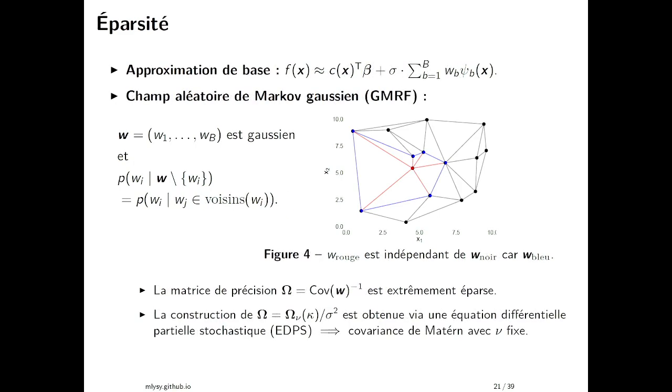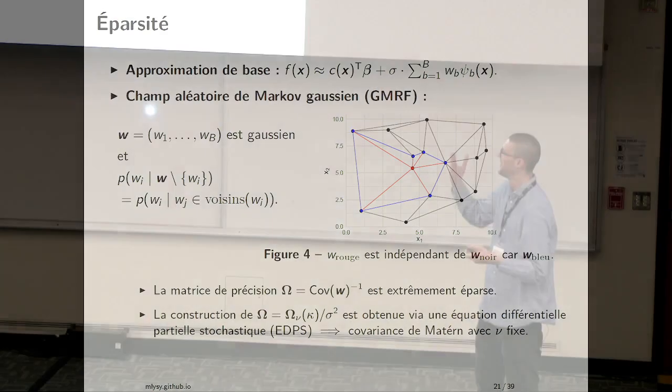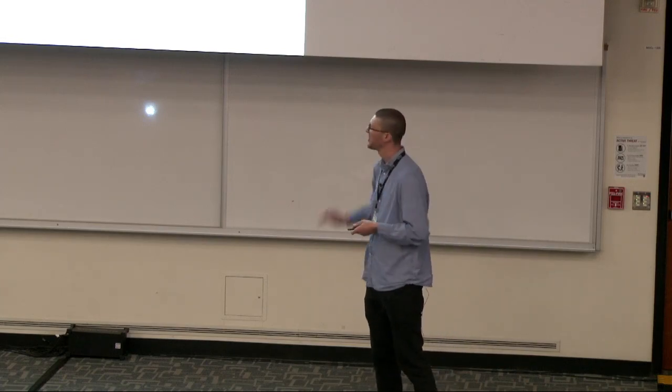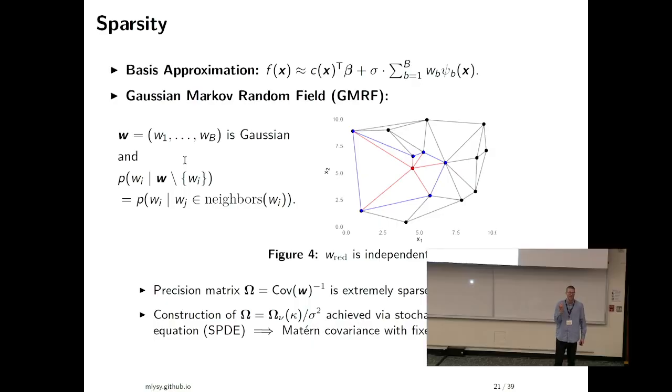Now, the beauty of all this is how they were able to do this triangulation. What is the exact covariance matrix that you end up getting for the W's? I don't understand it myself. I know it's based on stochastic partial differential equations. I also know that the discretization depends on that smoothness parameter nu that I said we weren't going to worry about.